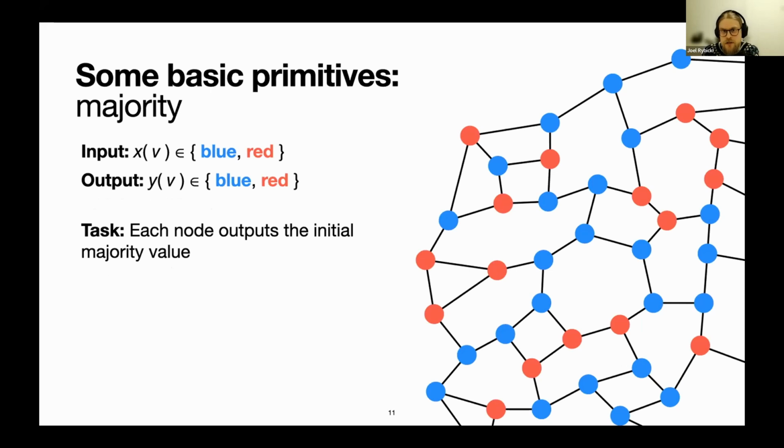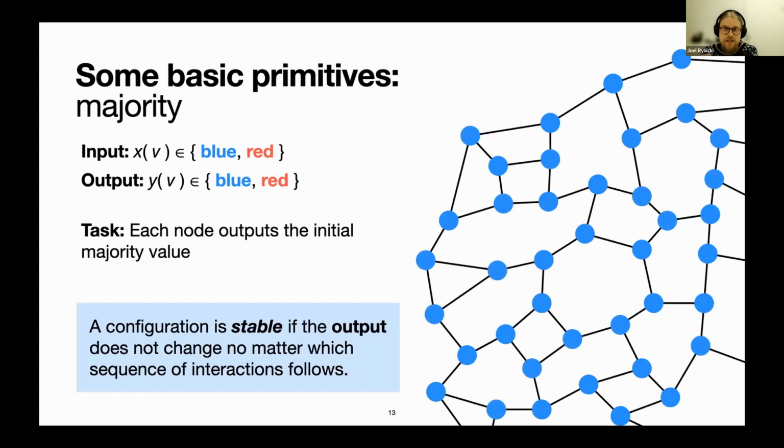So if the majority of the nodes are initially blue, then all nodes should eventually output blue. Conversely, if red was the initial majority opinion, then all nodes should output red eventually. And the requirement for this task is that in a stable configuration, all nodes output the majority value. So this is the majority task.